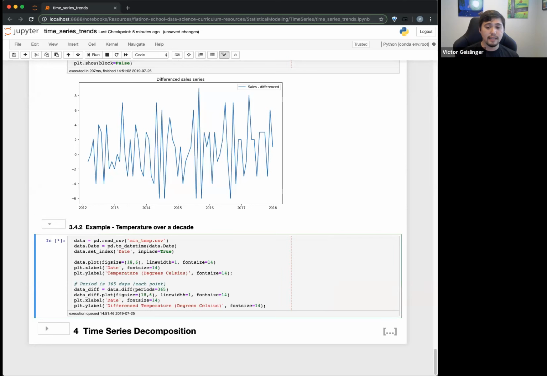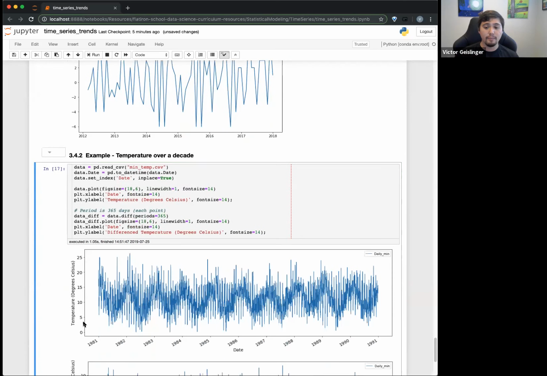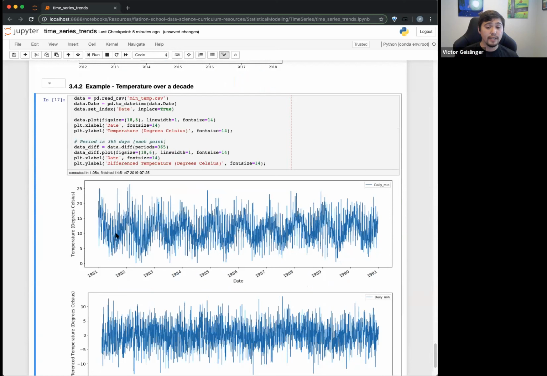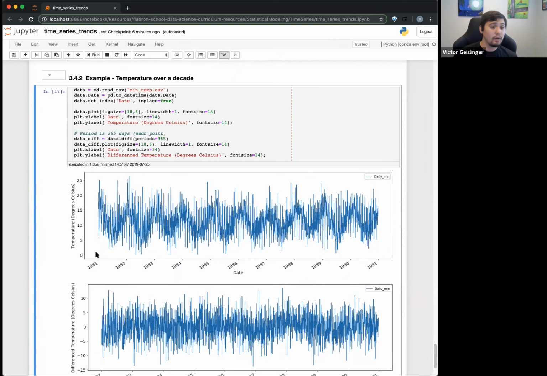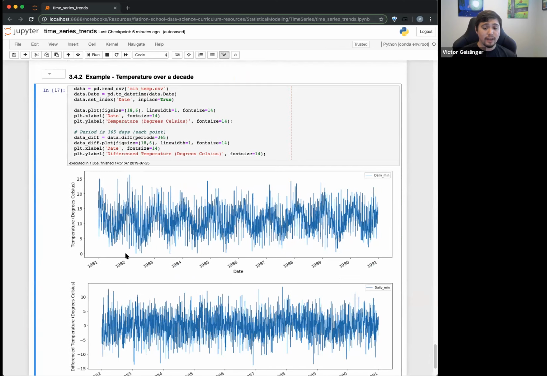You can see here this is the original data. Even though it fluctuates throughout, there's a definite pattern of the period, happening year to year. And with domain knowledge of the Earth, it tends to repeat these seasons every 365 days.